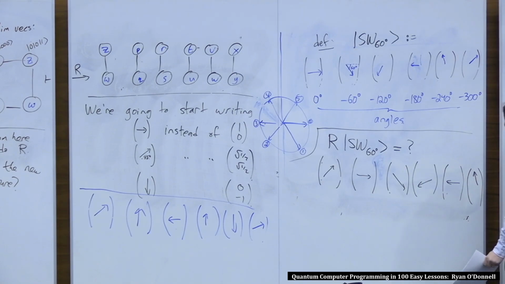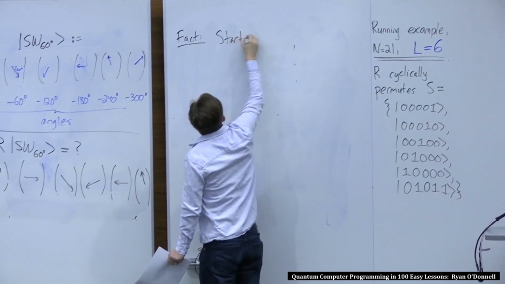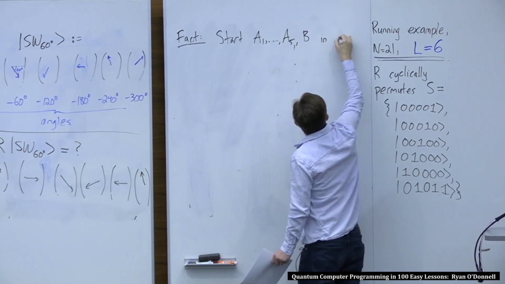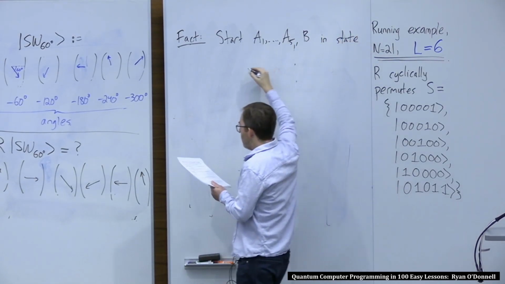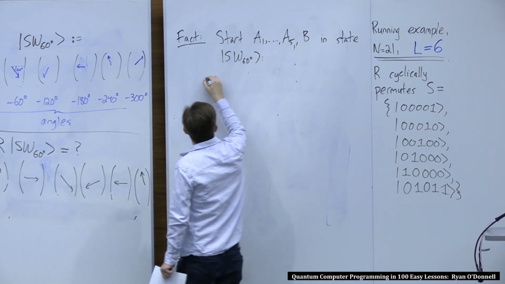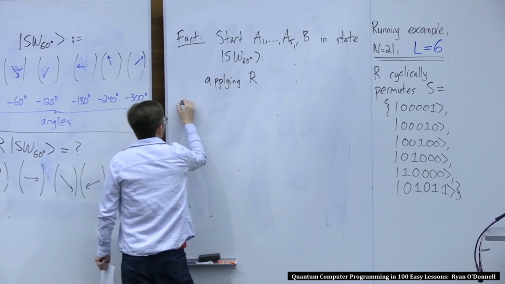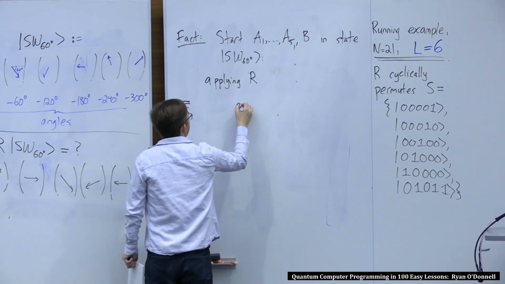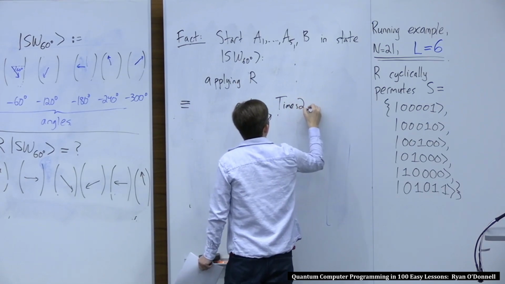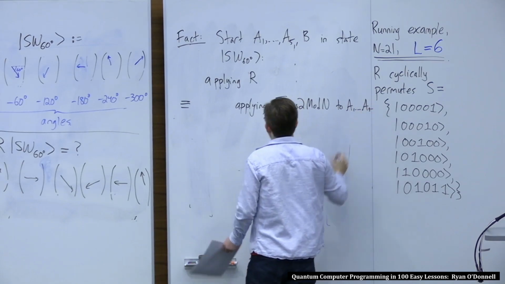So this is a fact. If you start A1 through, well, A5 in this case, and B in this very special state, analogous to the EPR state, steering wheel 60 degrees, then applying R, by definition, is the same as applying times 2 mod n to A1 through A5.